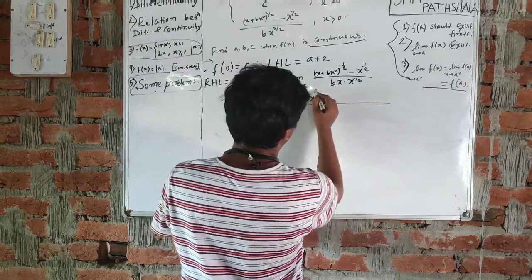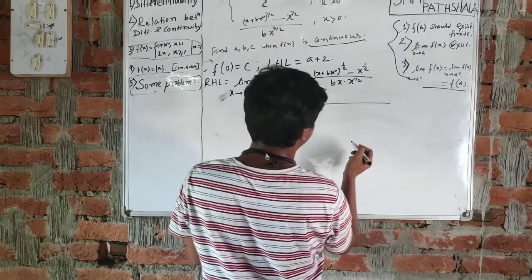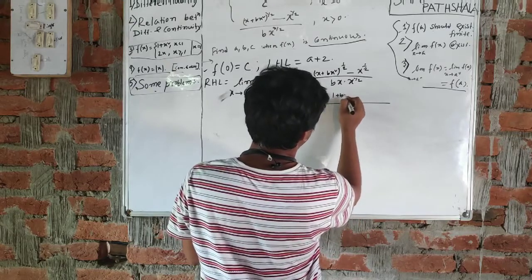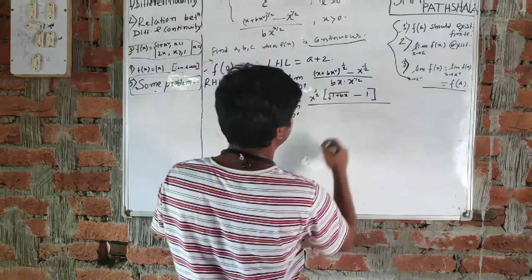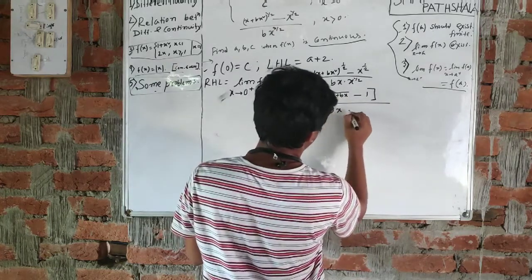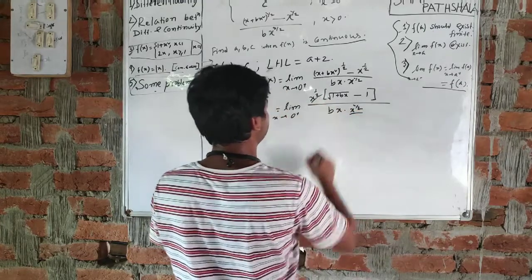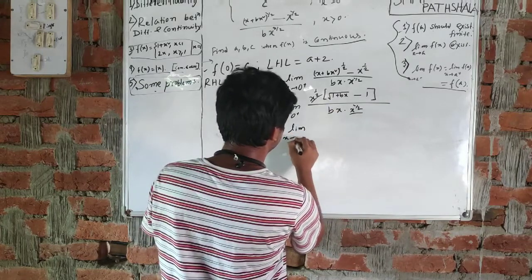Now taking x to the power half as common factor, we will have x to the power half. So this x to the power half and this x to the power half gets cancelled.